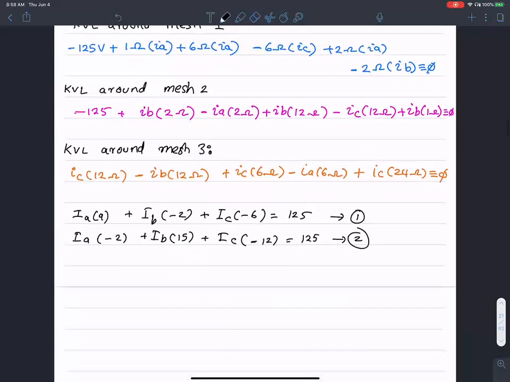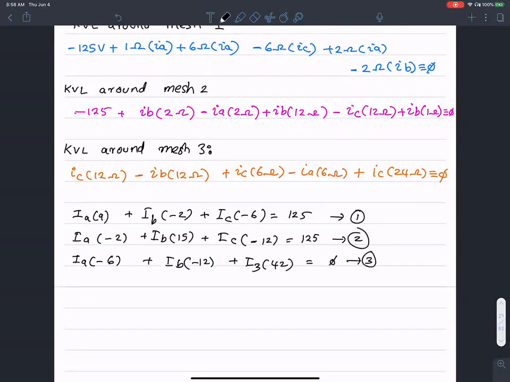Third equation comes out to be IA times negative 6 plus IB times negative 12 plus IC times 42. All of that equals 0.